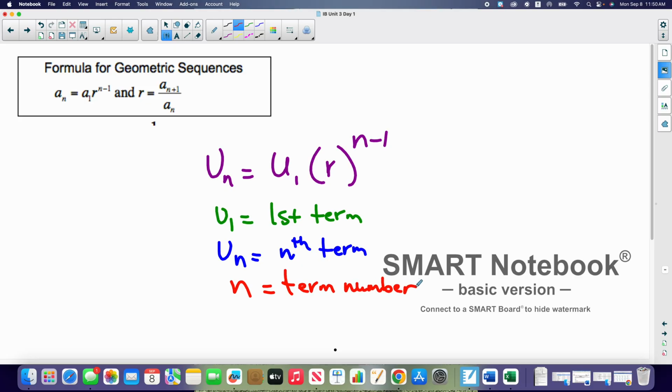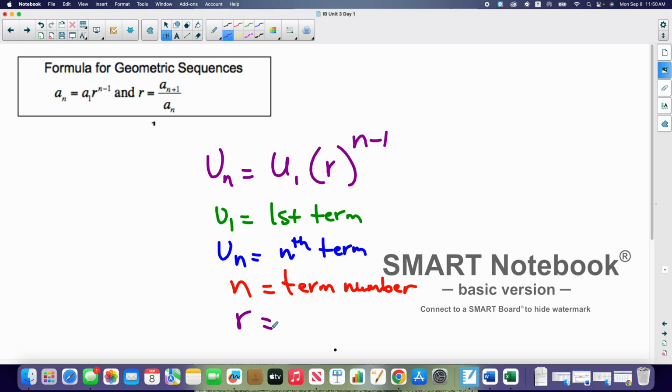And the thing that is different in this problem is the r. Okay? Everything else looks like the same. By the way, what type of equation does this look like? Exponential. Why? Because with geometric, we're multiplying and multiplying and multiplying, so we're repeating multiplication, which is an exponent.